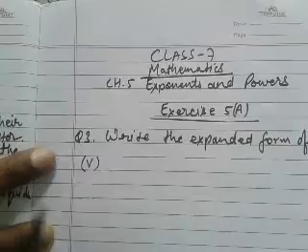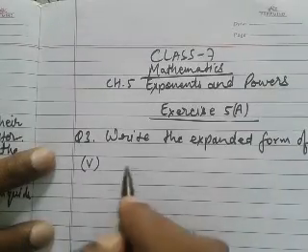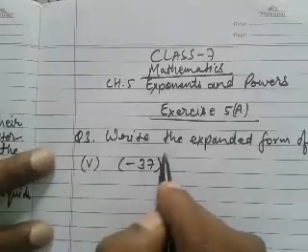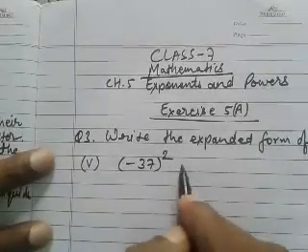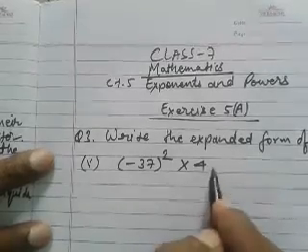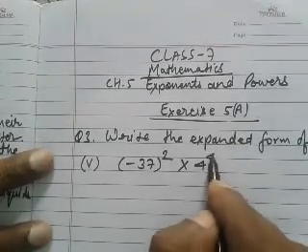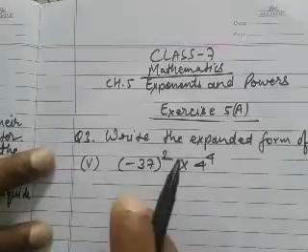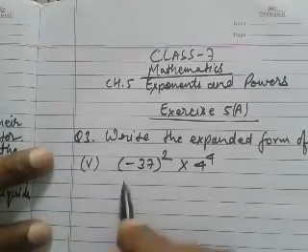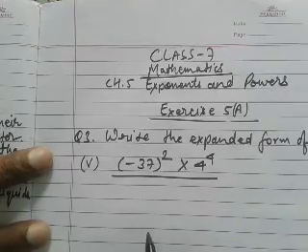For example, we take question number 5: minus 37 raised to the power 2 multiplied with 4 raised to the power 4. We have to write the expanded form of this number.